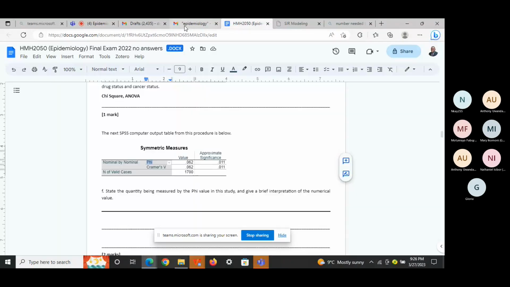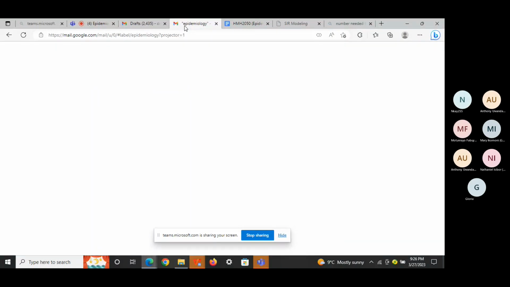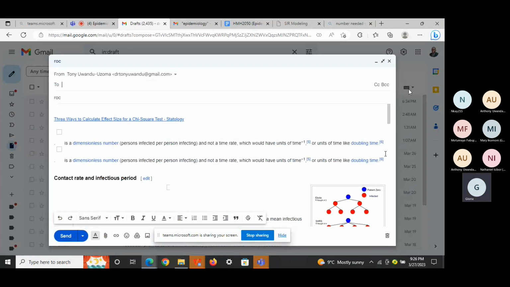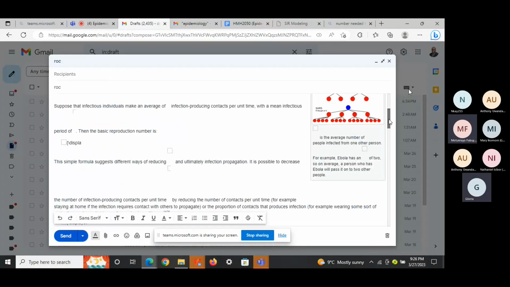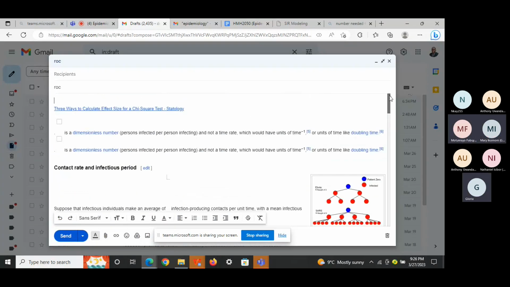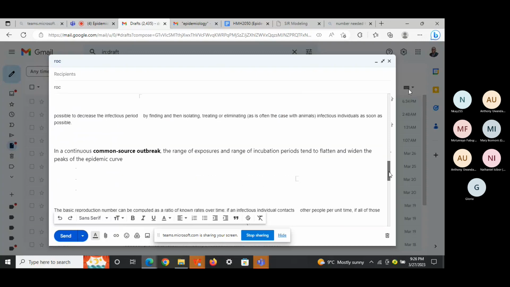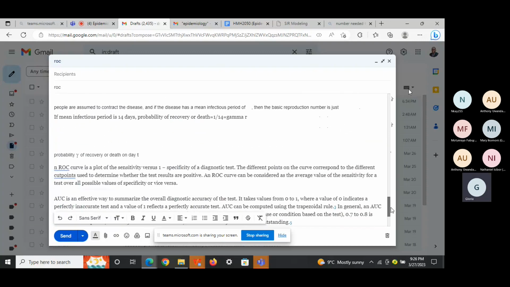Okay, I hope you can see my screen. Can you see my screen? Yes, I can see it. Oh, thank God! Hallelujah! First time in history, for my first time in this trip.